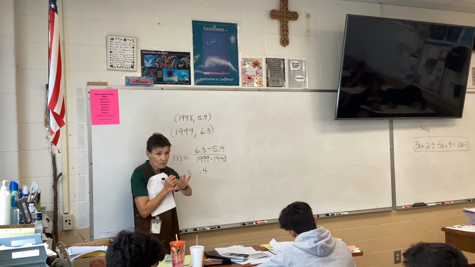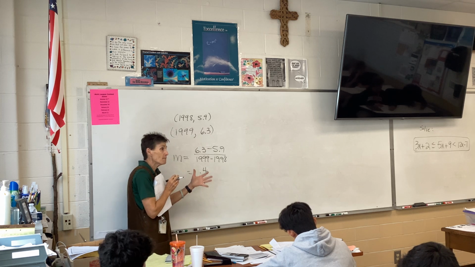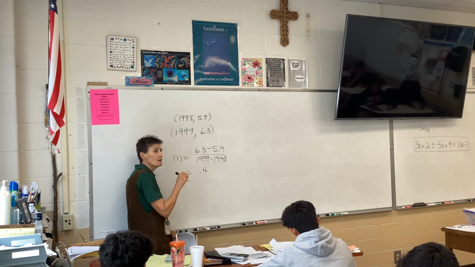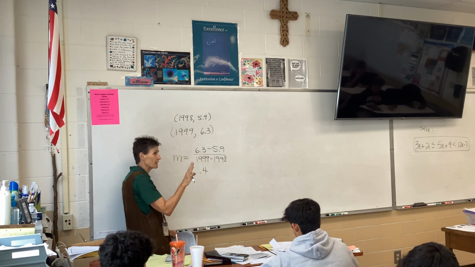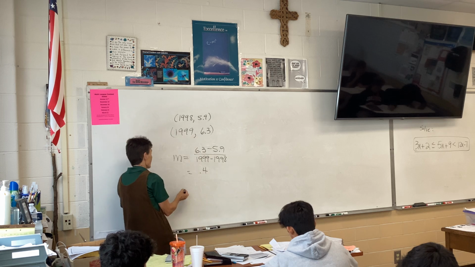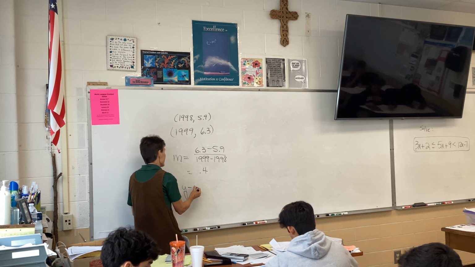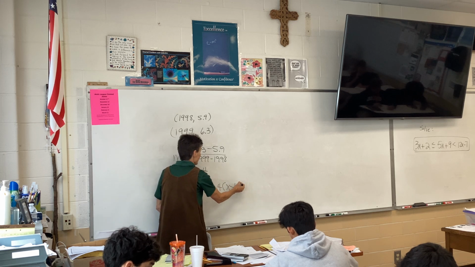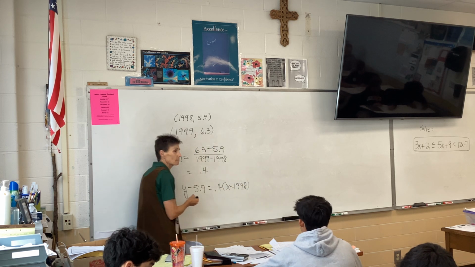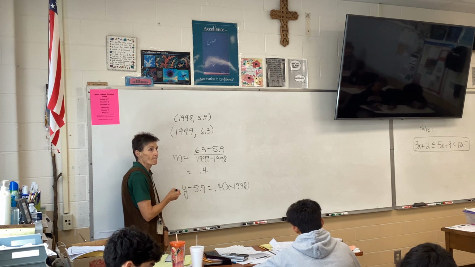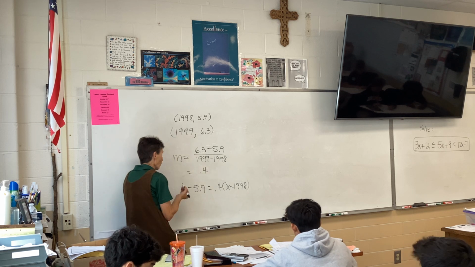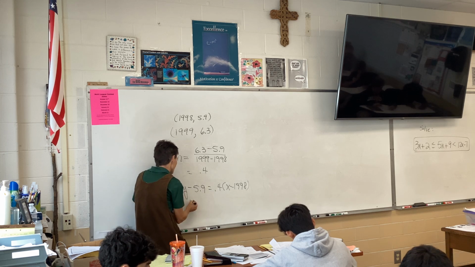Yeah, somehow you write the equation of your line, and I'm always gonna use point slope because that's what I do. You don't have to, but somehow you gotta come up with the equation of a line. So I'm doing maybe y minus 5.9 equals 0.4 times (x minus 1998). And then I gotta get y by itself, so I guess I'll distribute.